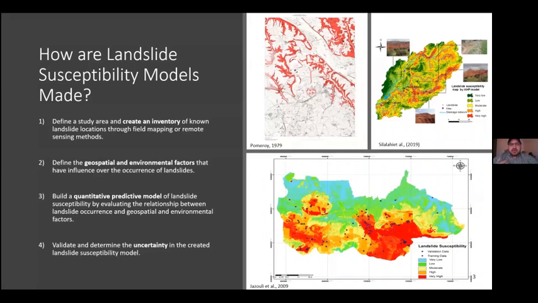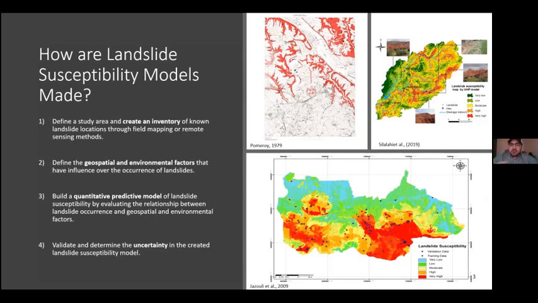So now a little on how we are building these landslide susceptibility models. The first step is we have to define an area that we're interested in looking at and then create a landslide inventory. And these landslide inventories are places of known past landslides that are geospatially referenced. The second thing we need is the geospatial and environmental factors that we believe are having an influence over the occurrence of these landslides.